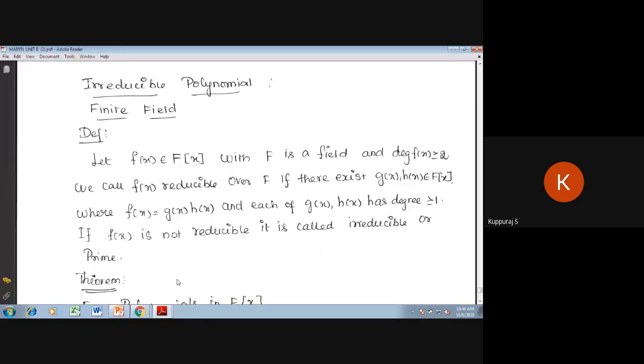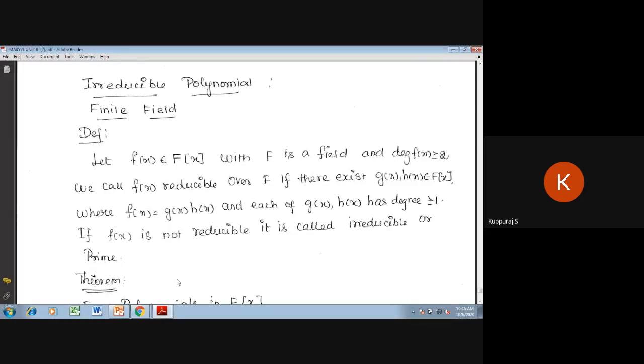The polynomial f of x can be reduced into a product of two polynomials, g of x and h of x, and the degrees of g of x and h of x are greater than or equal to 1. Such polynomials are called reducible polynomials.